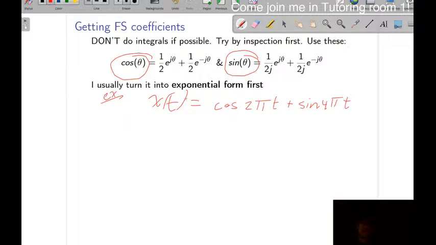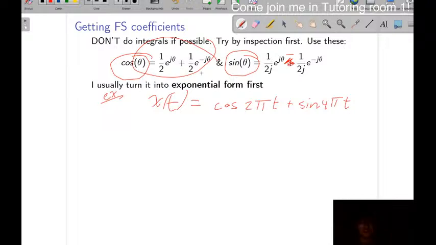So how I would do it right here is to use these formulas. So 1/2 (e to the j omega plus e to the minus j omega), and then a similar one for sine. Wait, this should be a minus. That's an error there. We subtract the two complex exponentials on top.